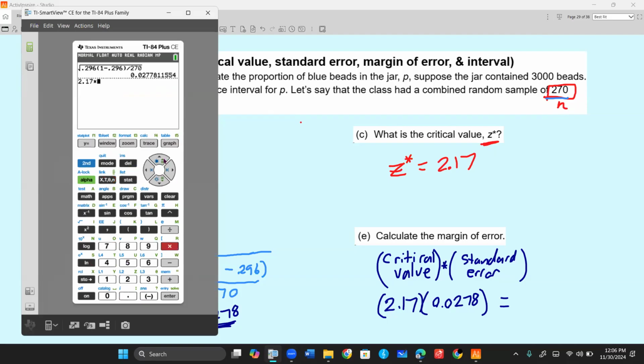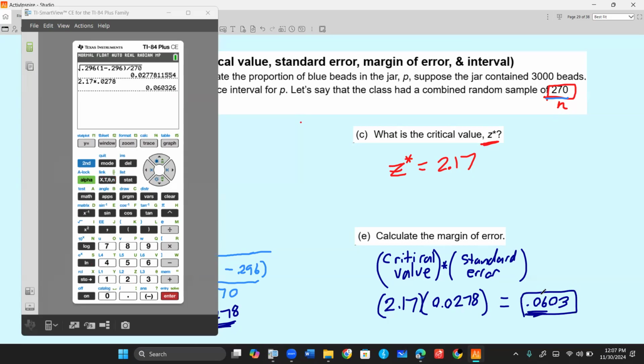If you don't feel like rounding, you can scroll up and just press enter. We don't have to be super precise right now, since we're going out several decimal places. So our margin of error is about 0.060326. So I have my margin of error. Maybe go out 4 spots, 0.0603.